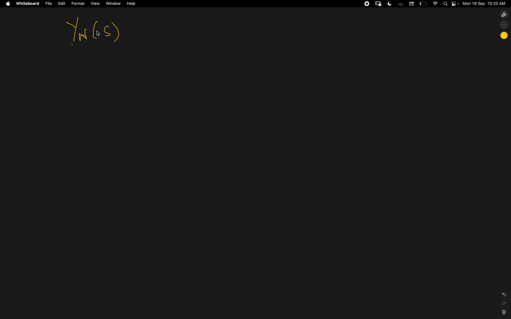The obtained yn of s is equal to 1 by s square plus 5s plus 4. Factorizing this, we will get 1 divided by s plus 1 into s plus 4.